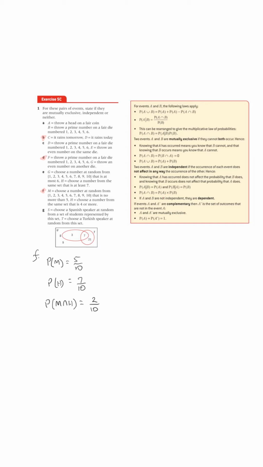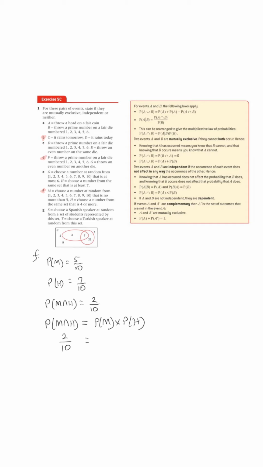So let's write that for our case. What we're saying is that the probability of the intersection of M and H for independent events should equal the probability of M times the probability of H. Let's see if that's true. We know that the intersection is 2 on 10, from here. The probability of M is that one, probability of H is that one.